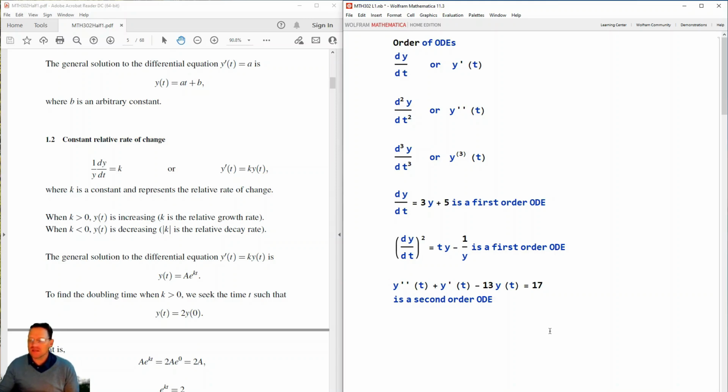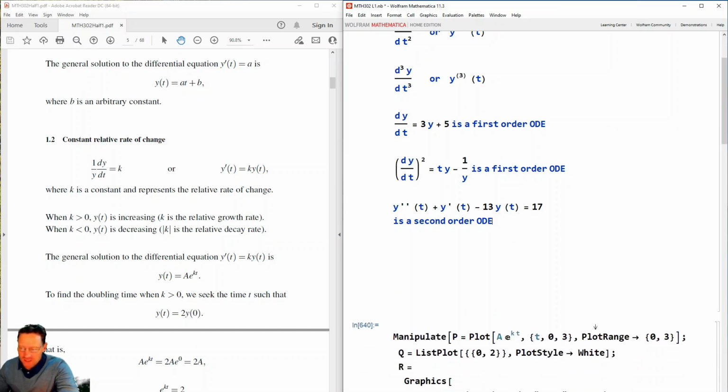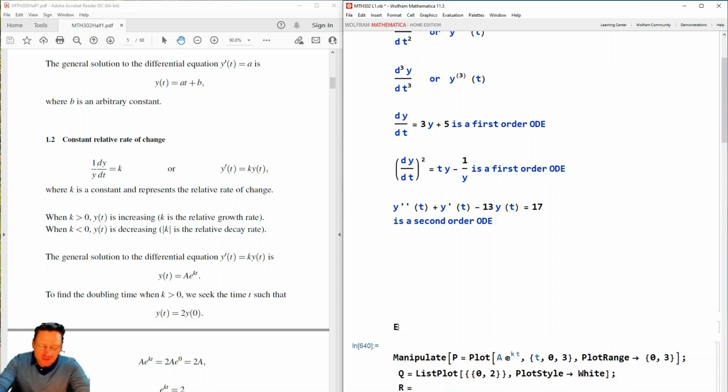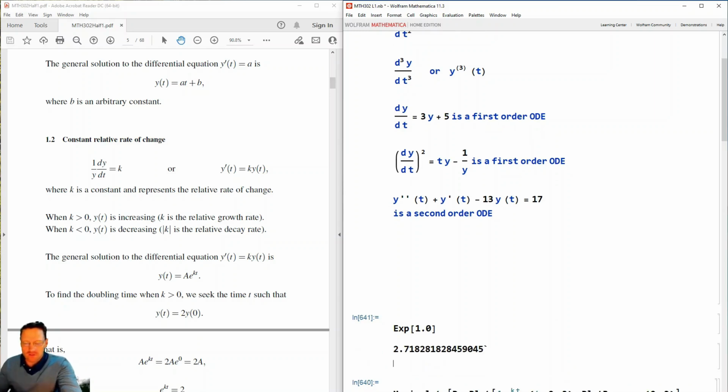Now remember what e is, and I can just show you a little calculation here on the right-hand side of my screen. So I'll just put exp 1.0, just to remind you what this is. So it's a constant, 2.71828, then we have different kinds of numbers. So it's not rational. So 459045 and so on.